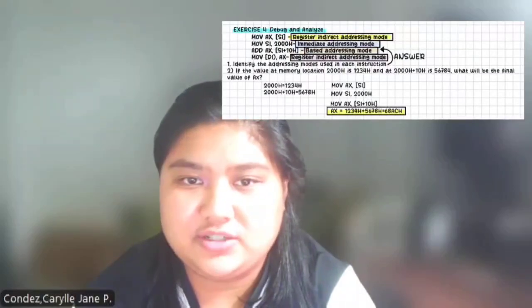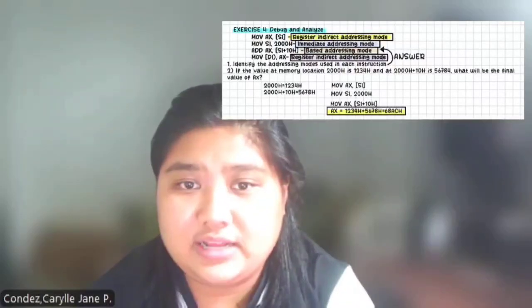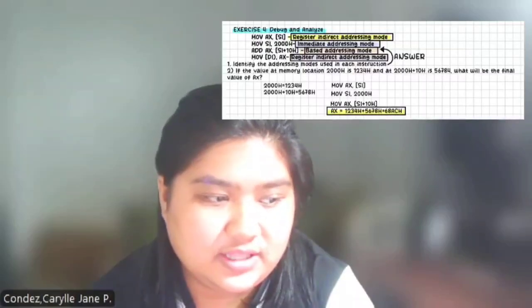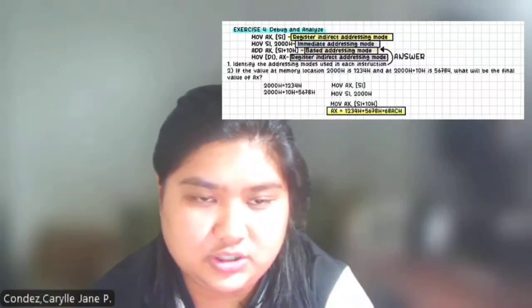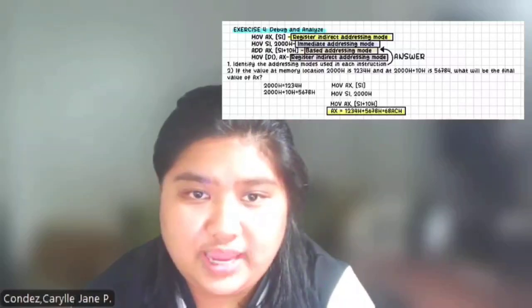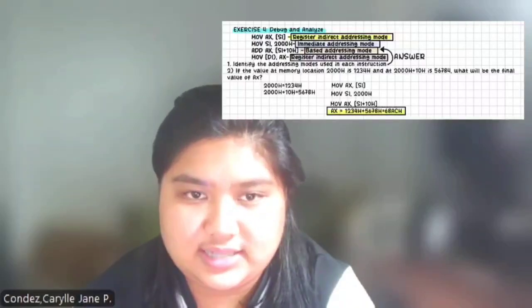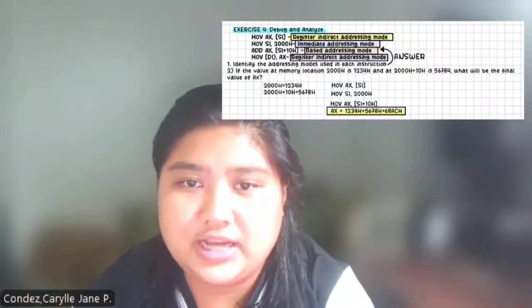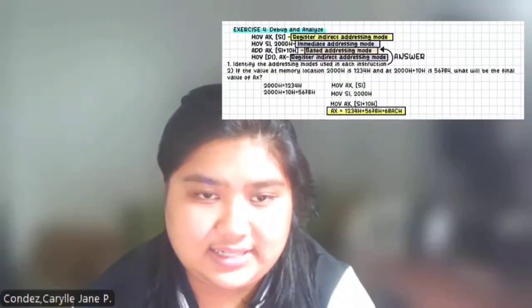Now I'll explain the addressing modes and the final value of AX. So for number one, it says identify the addressing modes used in each instruction. So for move AX, open close bracket SI, this is register indirect addressing because the memory address comes from SI.